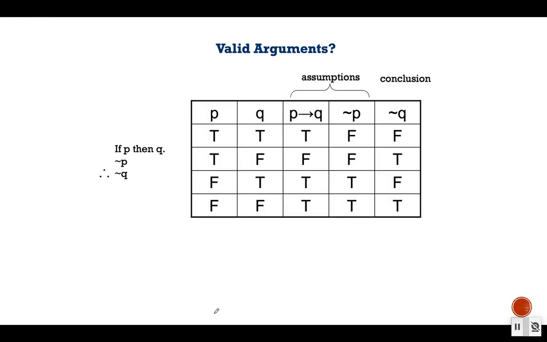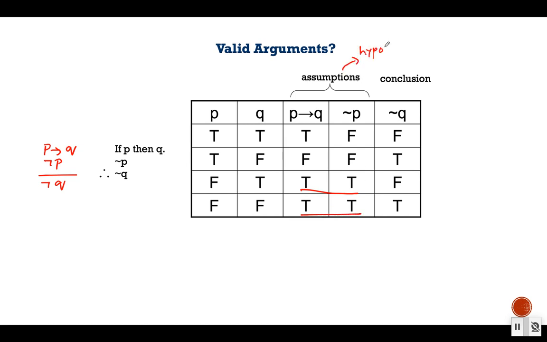Another example: if p is true, then q is true. Now p is not true. Does that necessarily mean that q is not true? Let's draw a truth table. We can find two cases where both of our assumptions or hypotheses are true.